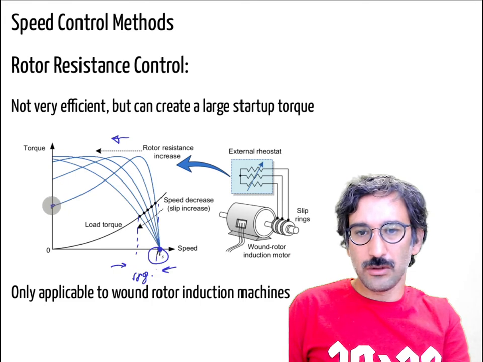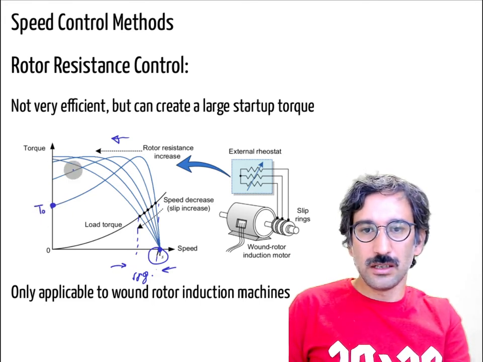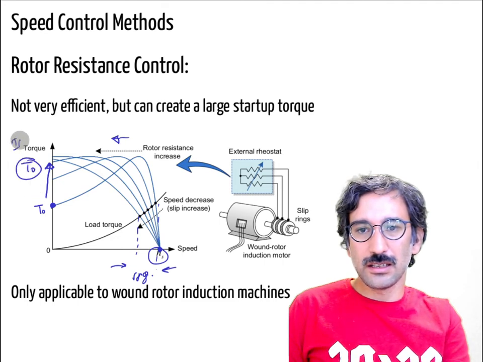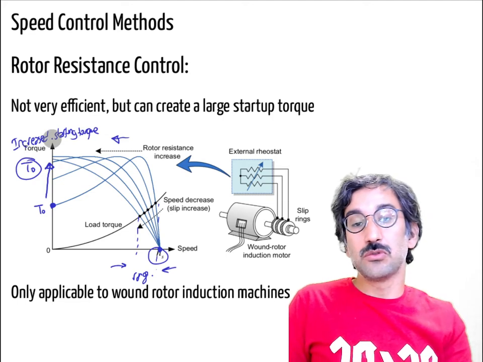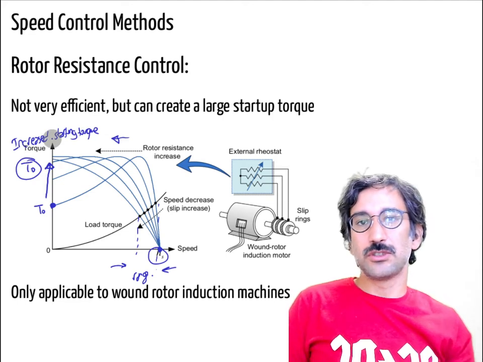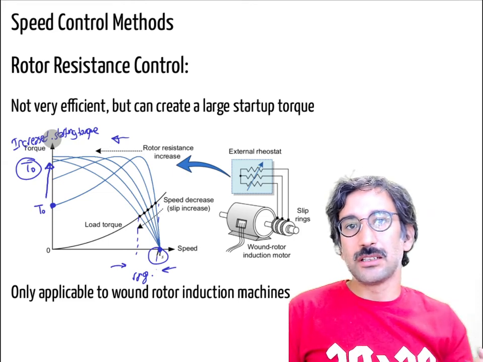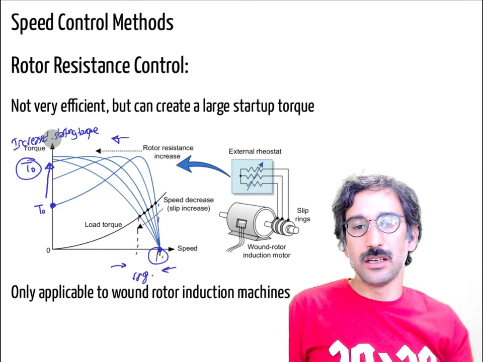So initially you have your starting torque here, but by increasing the rotor resistance, you can have increased starting torque. So again, that can be useful in some applications if you want to start the machine really quickly, or if you require to operate at lower speeds with high torques.